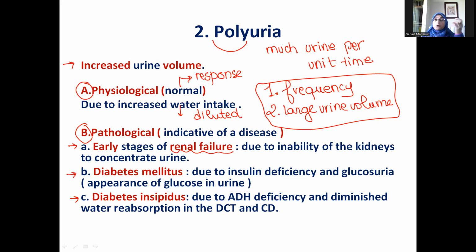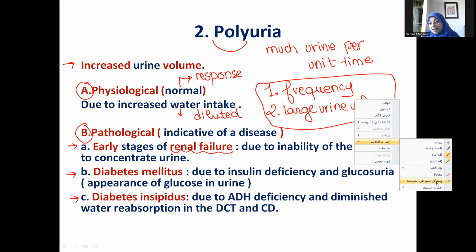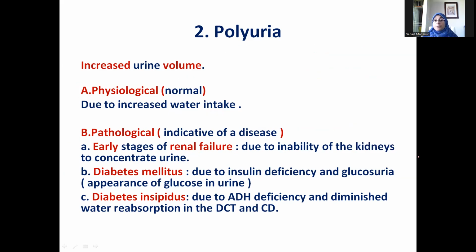But in the early stages, we haven't yet reached the state of the kidneys being unable to make urine at all. It is the status where the kidneys are not functioning well, and specifically, they are unable to concentrate urine. So the main defect in early renal failure is the inability to concentrate urine. If I am unable to concentrate urine, then my urine will be diluted, okay?